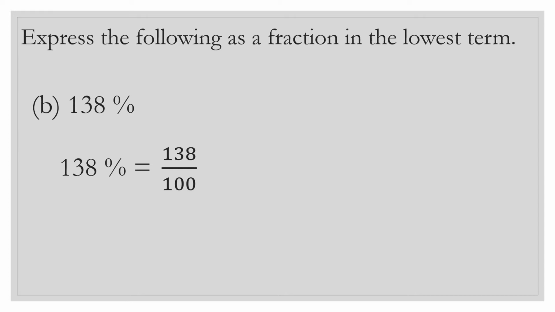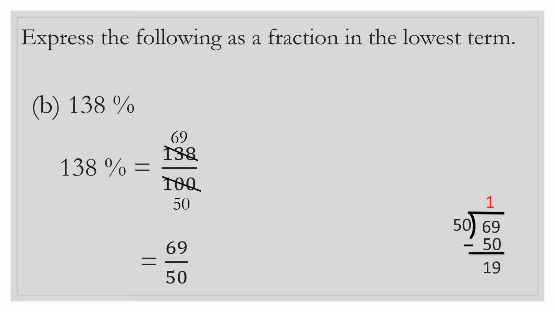So divide. 2 69s are 138 and 2 50s are 100. So we get 69 upon 50. But 69 upon 50 is an improper fraction. So let's convert them into mixed number. So divide 69 by 50. If we divide 69 by 50, we get 1 19 upon 50. So the answer is 1 19 upon 50.